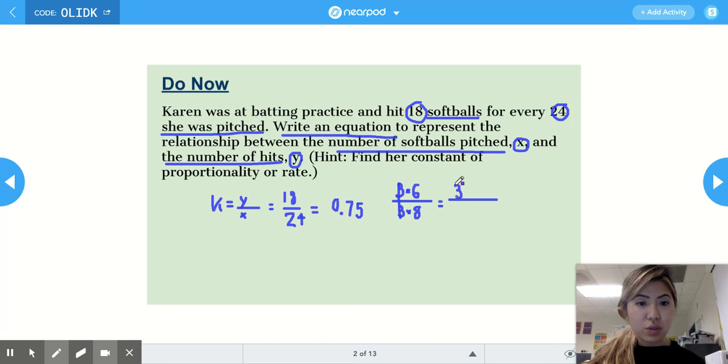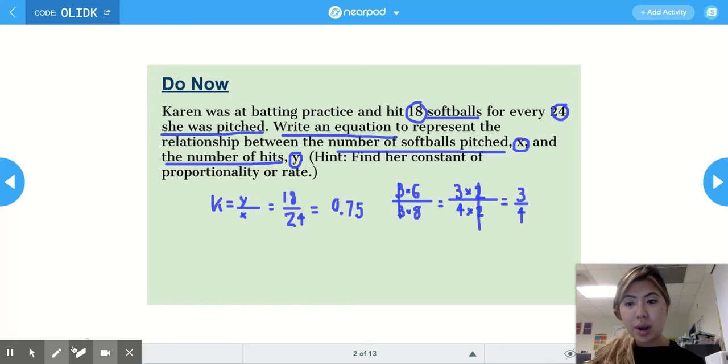So the factors of 6 are 3 times 2, and the factors of 8 are 4 times 2, and the common factor is 2. So that means that 18 over 24 can be simplified to 3 over 4.